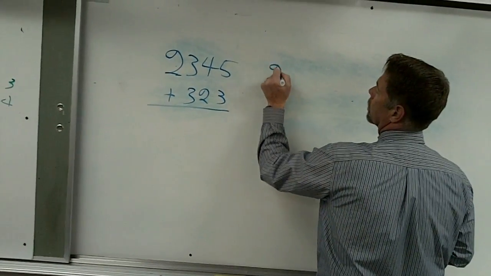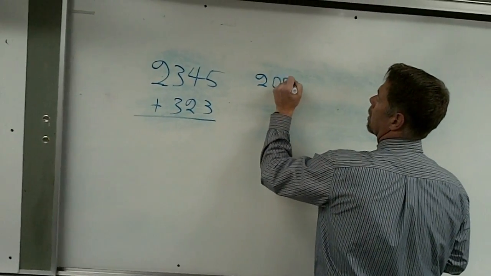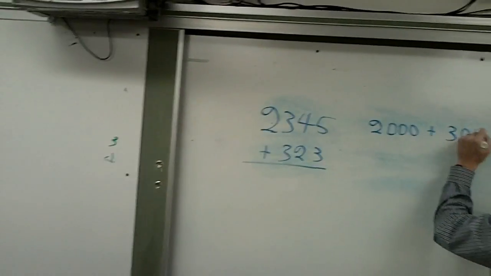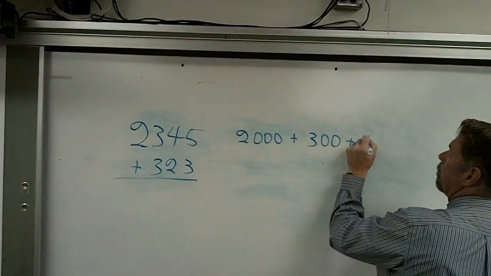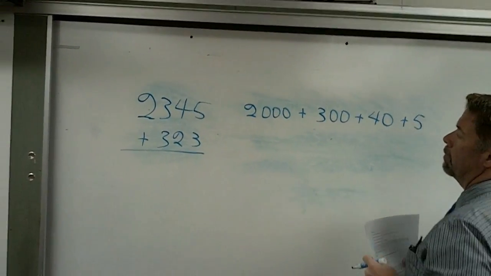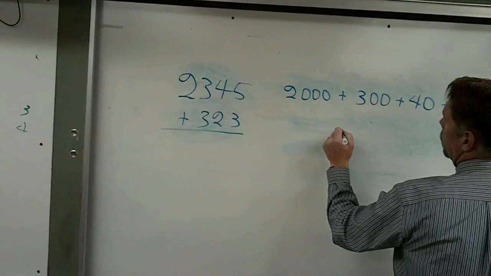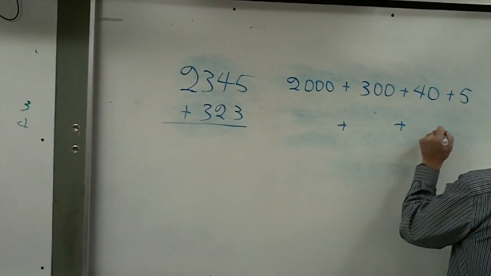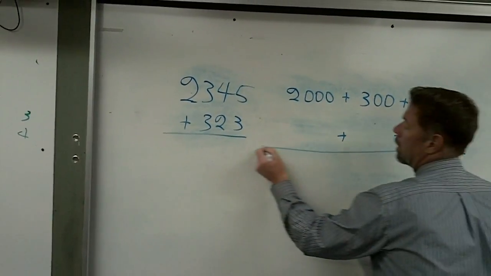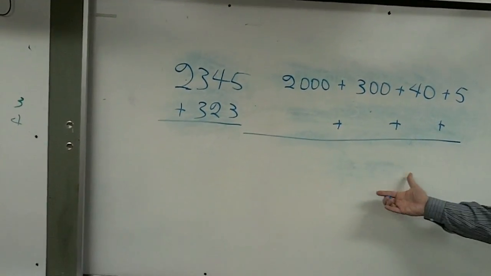So this is 2,000 plus 300 plus 40 plus 5. You need to fill in the blanks for this over here, and then do your addition.